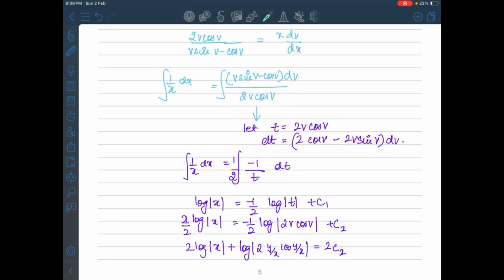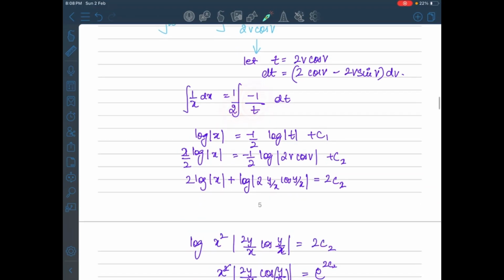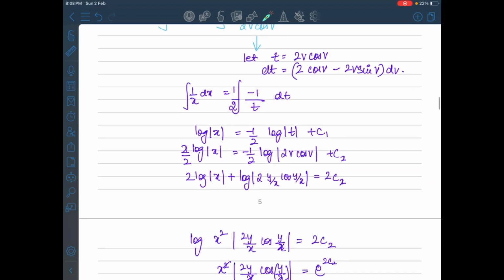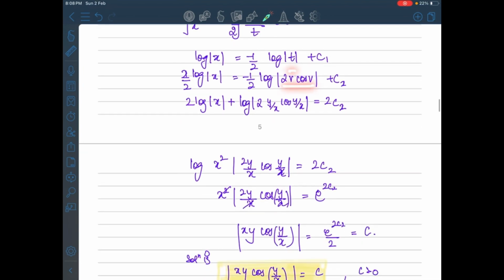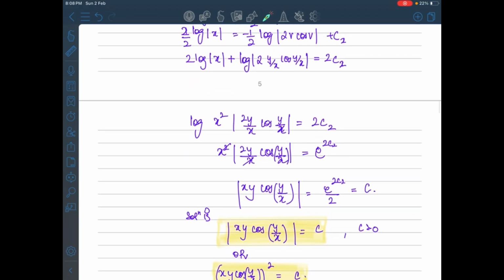So I just took 2 outside and you got minus 1 by t. Now you just integrate as usual, simple, substitute back in terms of v, then again substitute back in terms of y by x. See, I'm keeping the mod as it is. Now you can see that this 2 log mod x, I'm taking this 2 here, so it became x square. Since it's x square, now I can remove mod, because x square is same as mod x square.